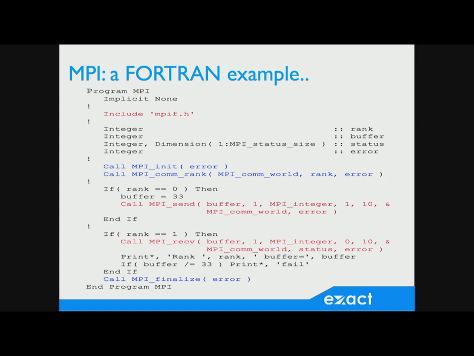Sometimes I identify the process with the core, and sometimes with the processor. They are similar, but the right way to say it is that I have MPI processes, and I can spawn as many as I want on any kind of resources. And this is true on a single machine too.